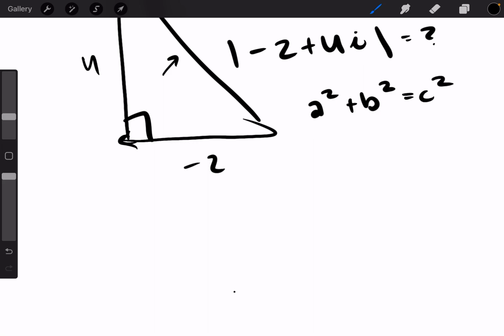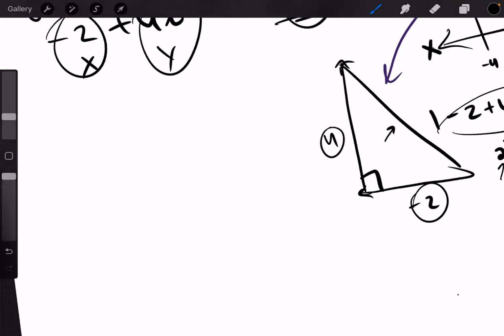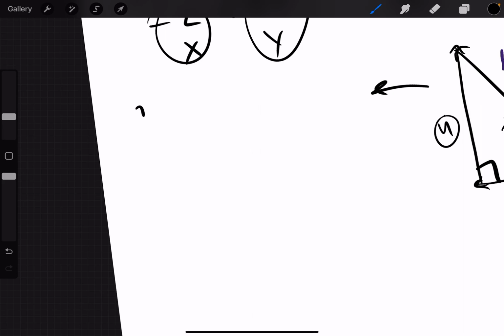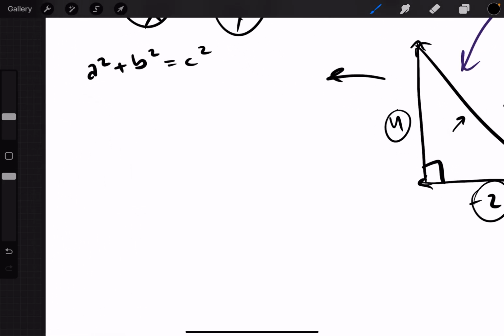Right? And we can substitute these numbers in for a and b, and we can substitute the absolute value of -2 plus 4i into c squared. So let's do that. Let me rewrite a squared plus b squared equals c squared, because that's the Pythagorean theorem, and we'll need that. So we can substitute 4 and -2 into this equation.